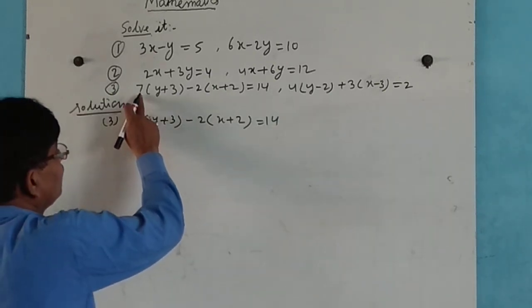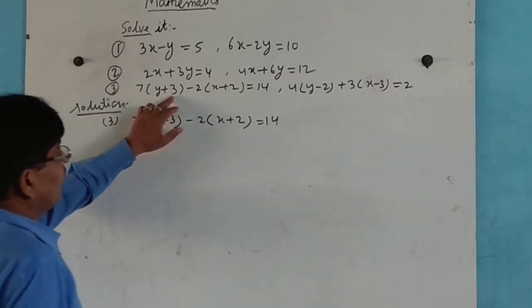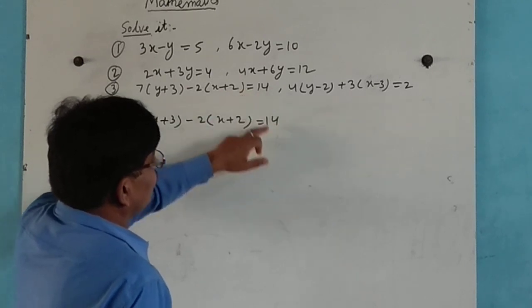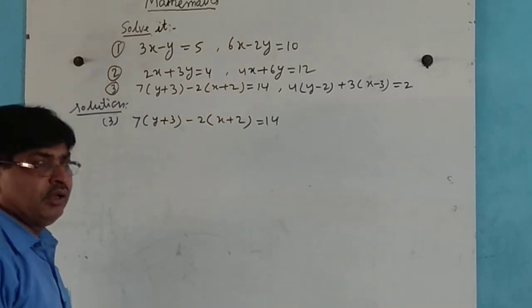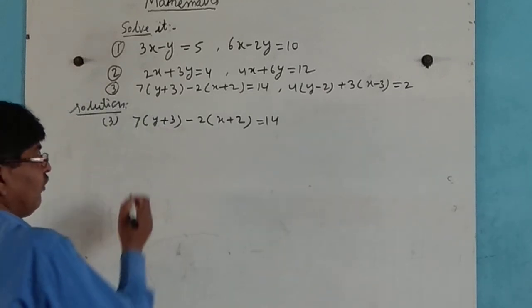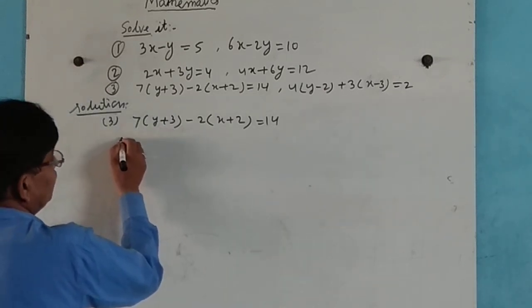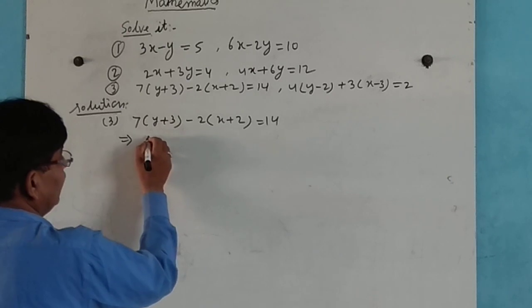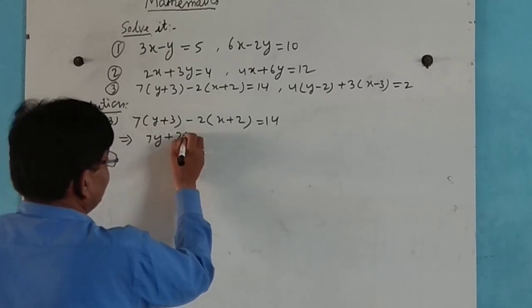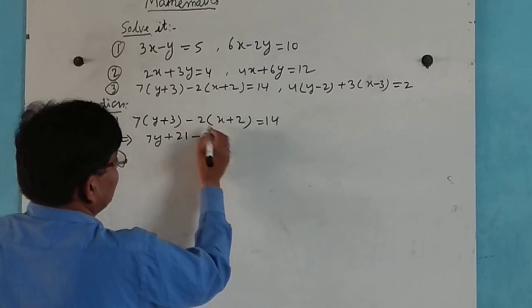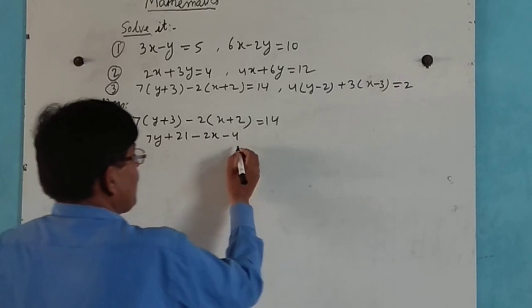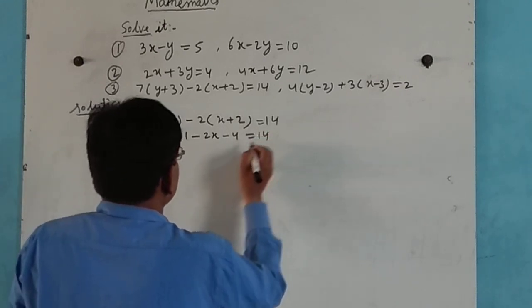Now the third question: 7 into (y plus 3) minus 2 into (x plus 2) equal to 14. First of all, we simplify it. 7y, 7 times 3 is 21, minus 2x, 2 times 2 is 4, equal to 14.